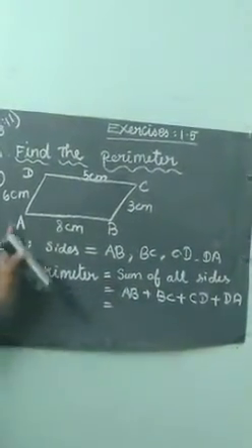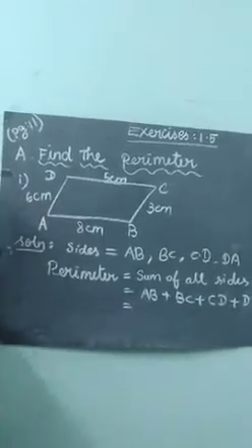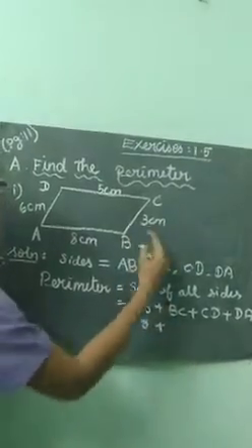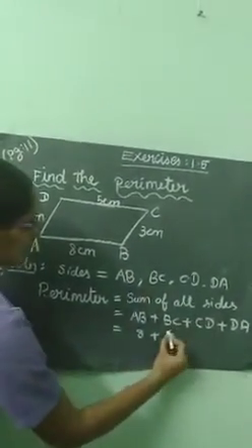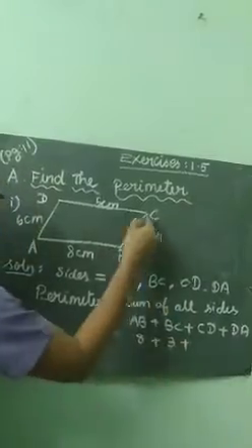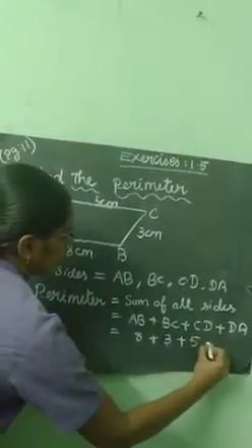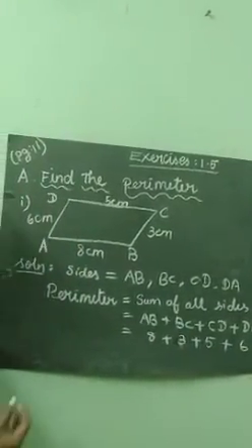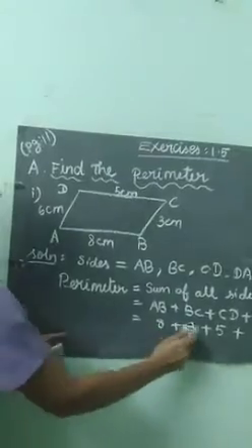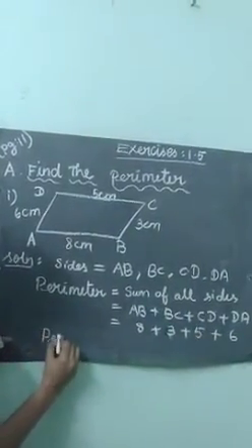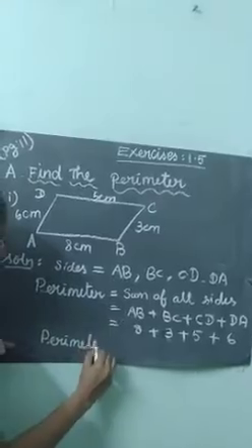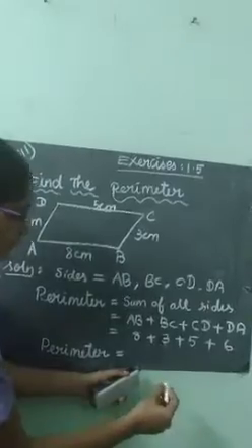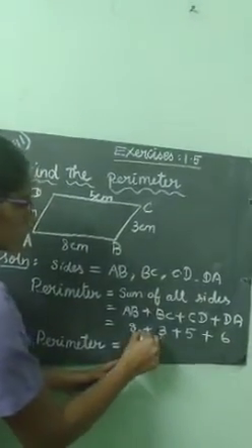Now AB equal to what? 8 cm. AB equal to 8 centimeter. So 8 plus BC equal to 3. 3 plus CD equal to 5 plus DA equal to 6. Understand? Okay. Now we want to add this 4 numbers. Perimeter equal to, now you add this number. 8 plus 3 what?